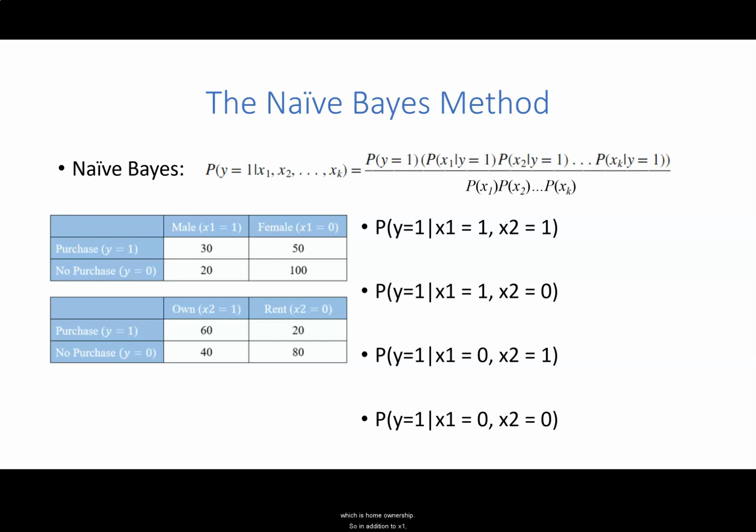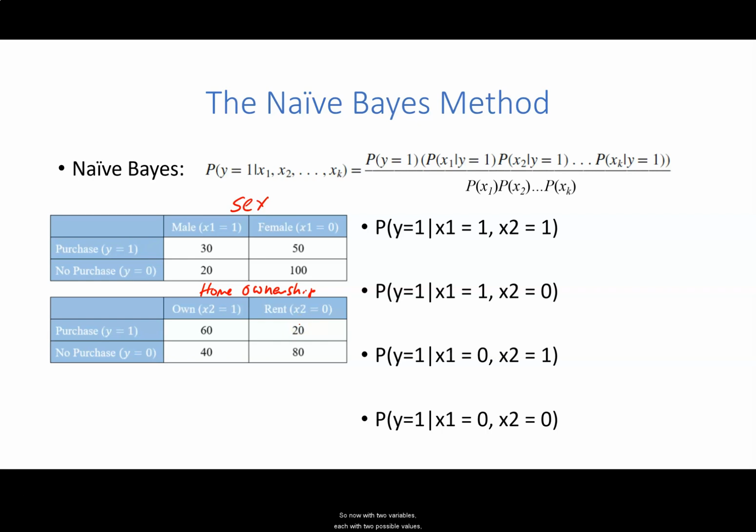So in addition to x1, sex, we now have two variables, sex and home ownership, x2. x1 equals 1 if the customer is male, and x1 equals 0 if the customer is female, and x2 equals 1 if the customer owns a house, and 0 otherwise.